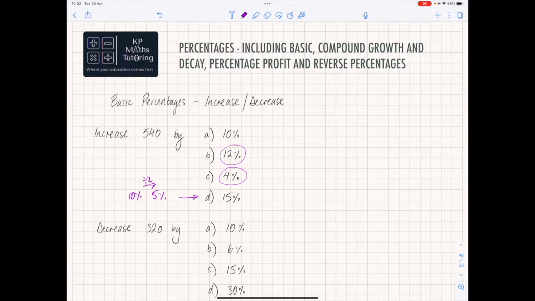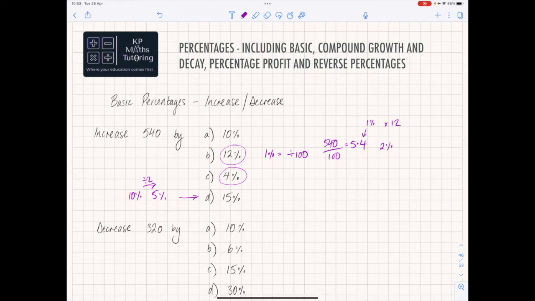So 1%, you divide by 100. Okay, so if I had 540 divided by 100, which is 5.4, that is 1%. Now if I wanted to find 12%, I could then times that by 12. You could do 5.4 times 12, or you could double it to find 2%.